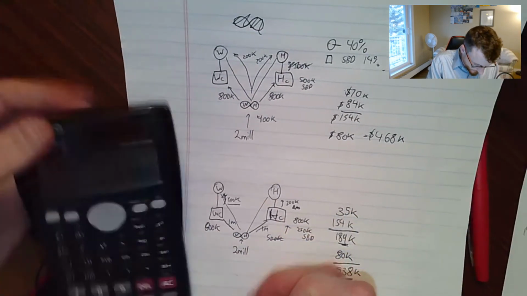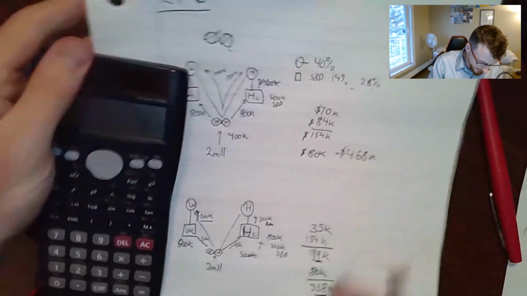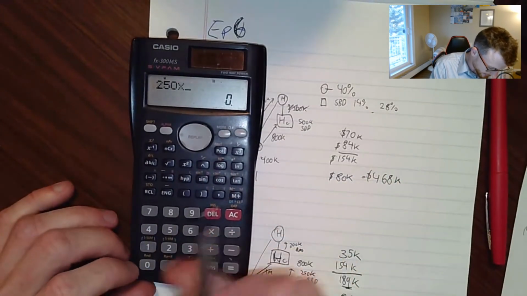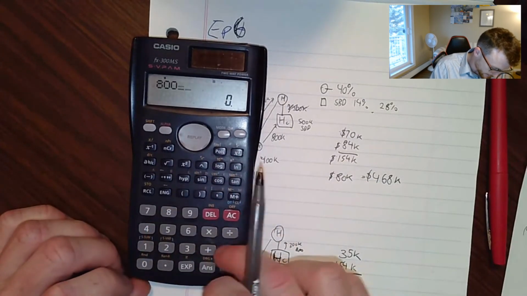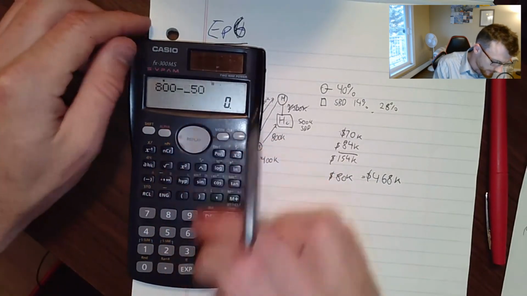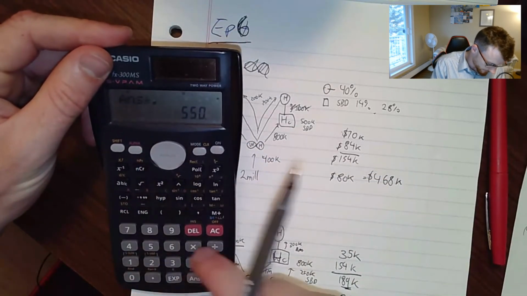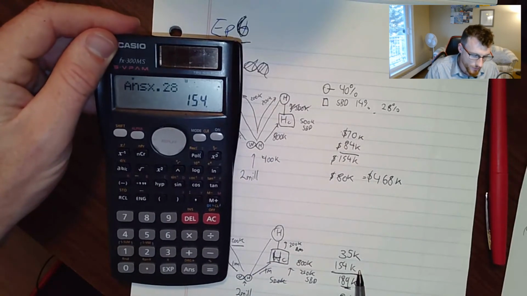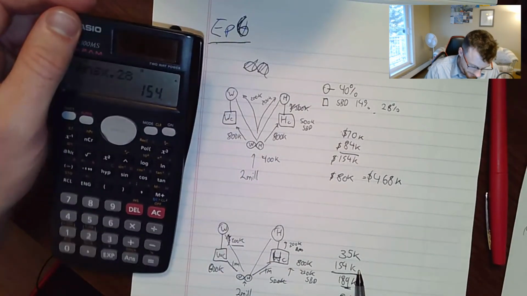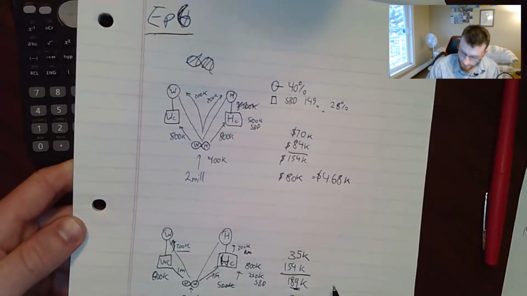So it's going to be the same calculation: 250,000 times 0.14 is 35,000, 800,000 minus 250,000 is 550,000 times the 154,000 of non-SPD income tax rate.